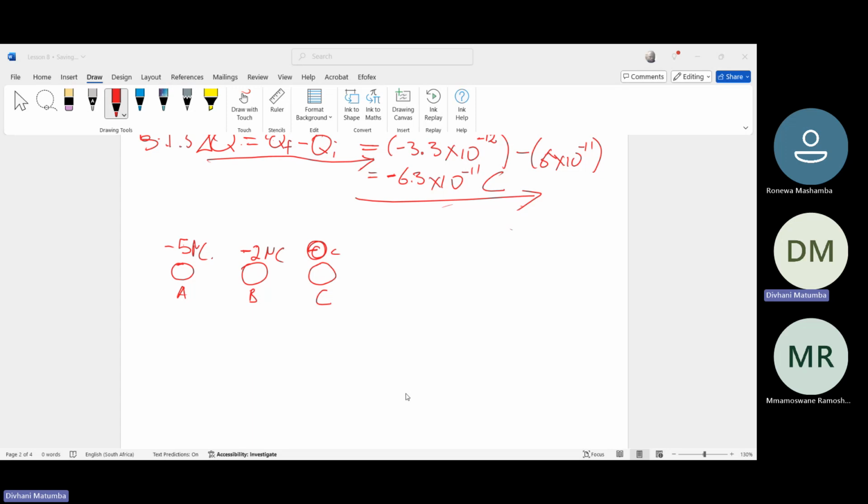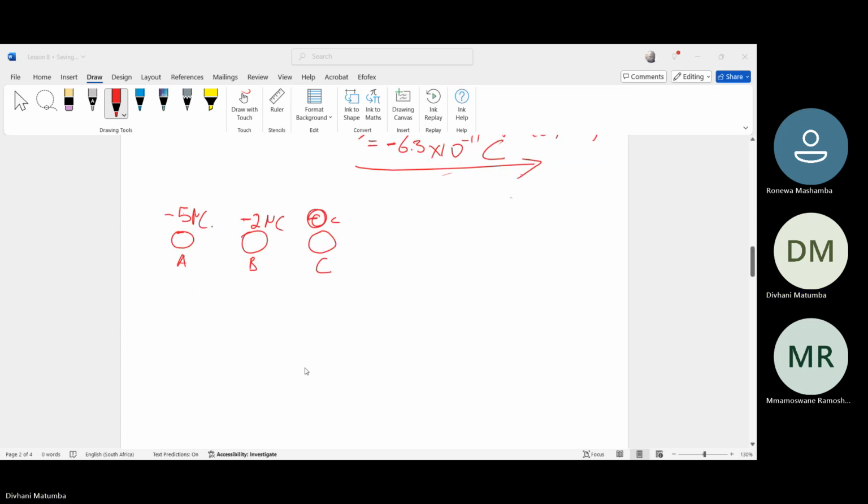Okay, Ronewa, where will the electrons move? From which sphere to which sphere? Would A and B not move towards C? You're saying A and B will move to C, but let's see if that's the case.